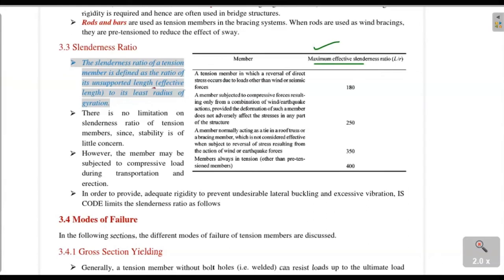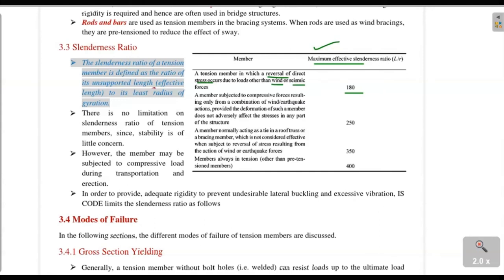See here, the tension member in which a reversal of direct stresses occurs due to load other than wind or seismic forces. The stress direction is going to reverse. In such situations, we are going to use 180. Of course, reversal of stresses is mainly because of wind and seismic.